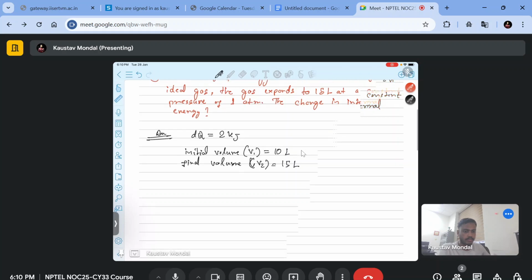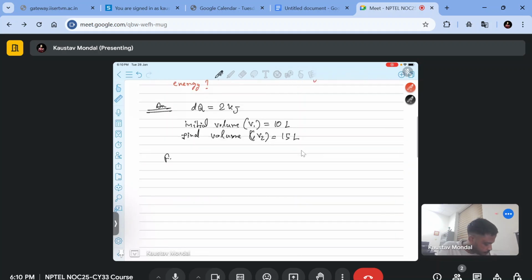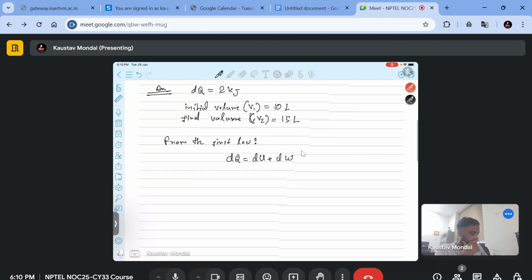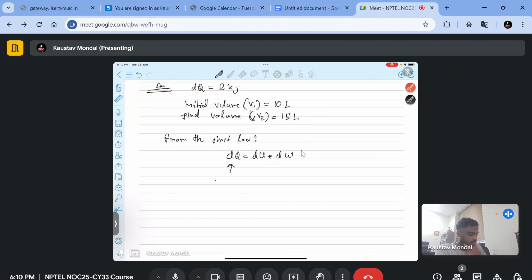As we know from the first law, you all know, right? The first law is dq is equal to du plus dw. So dq is the change in heat inside a system, du is the change in internal energy, and dw is the work done.